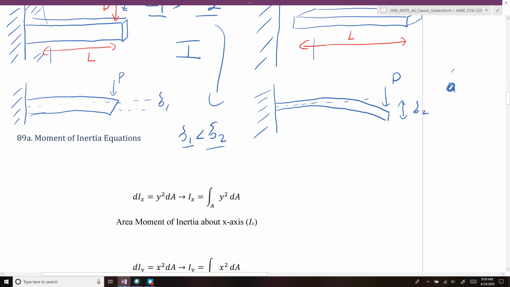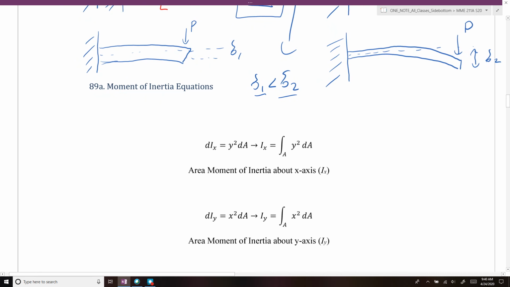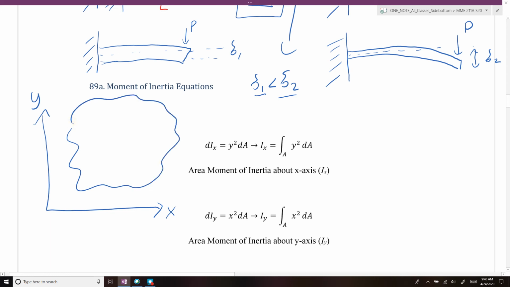All right. So in order to calculate this value I, we need to use the following set of equations. If we have our xy coordinate system and a cross-sectional area of our beam, we can have a very small element of that cross-sectional area, which we'll call dA.